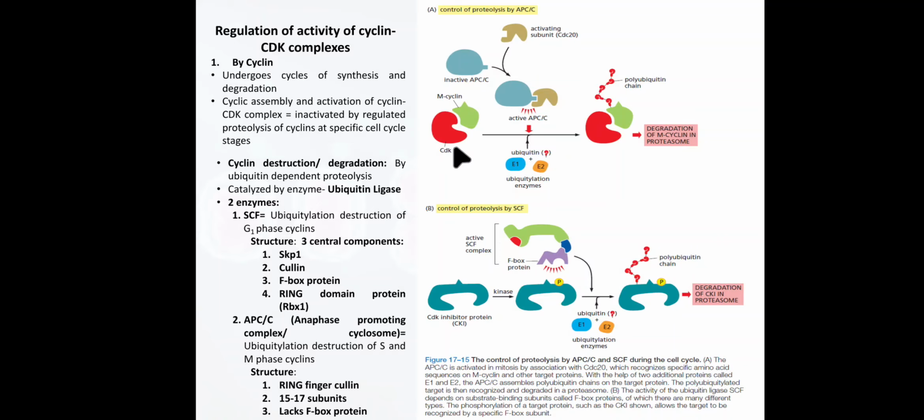Here you can see cyclin CDK and M cyclin bind each other and are active. The inactive APC is activated by CDC20, and this active APC adds ubiquitin through ubiquitination enzymes. It adds a polyubiquitin chain and degrades the M cyclin in the proteasome.